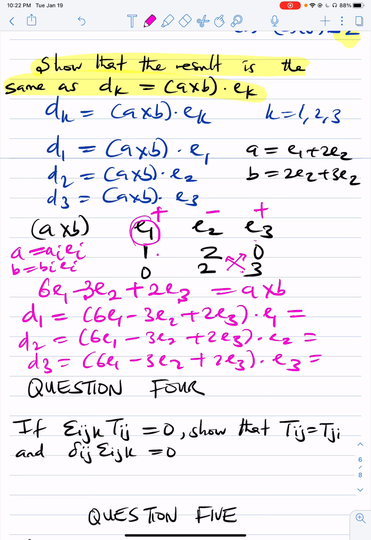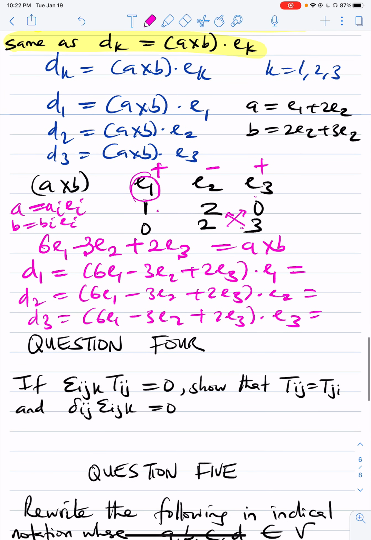So now if you evaluate this, the dot product of E1 with this will give you 6, because 6E1 dotted with E1 gives 6, and all the others become 0. E2 times E2 gives minus 3, and the rest is 0. E3 gives 0, 0, 2.